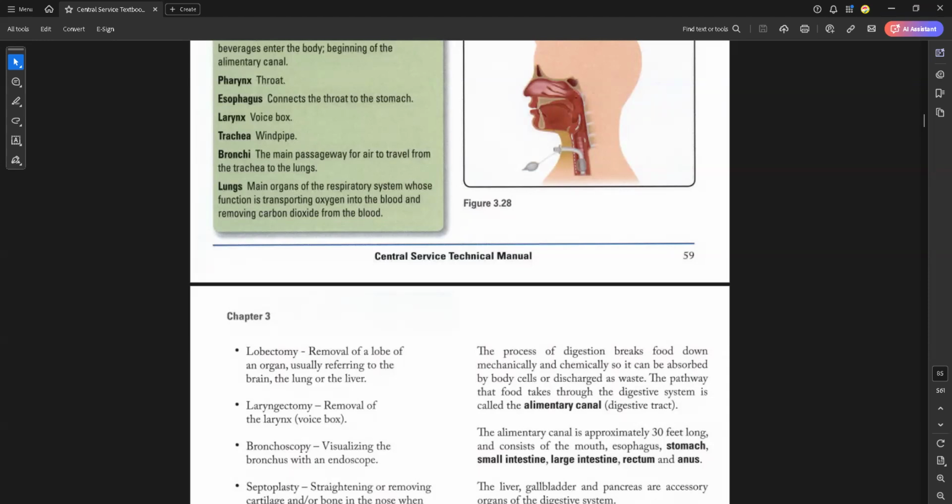But the average person has about 30 feet, and that's very long. You might think it's not long, but trust me, the small intestines are very long. The alimentary canal consists of the esophagus, stomach, small intestine, large intestine, rectum, and then the anus: the pathway right from the mouth to the anus.